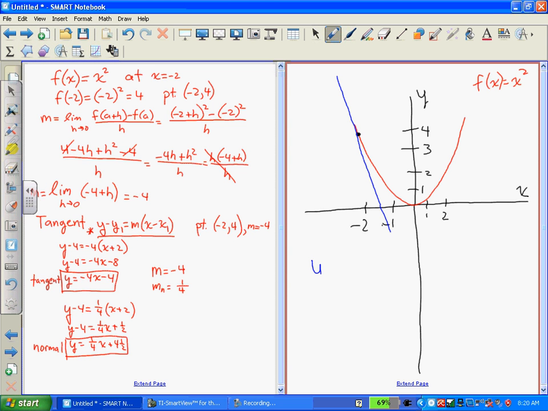That's y equals -4x minus 4. And our normal line is here, perpendicular. That's y equals 1/4 x plus 4.5.